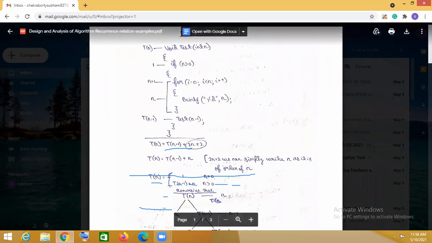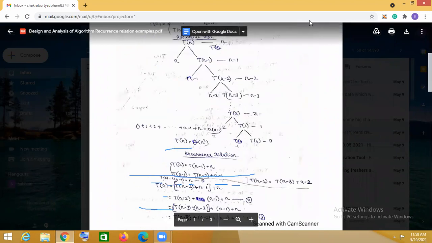Okay. So this is another type. Now I will show another type also. Now this is a decreasing function.